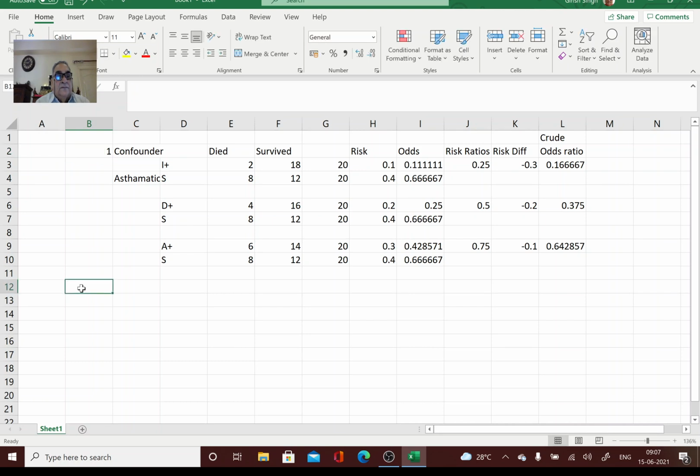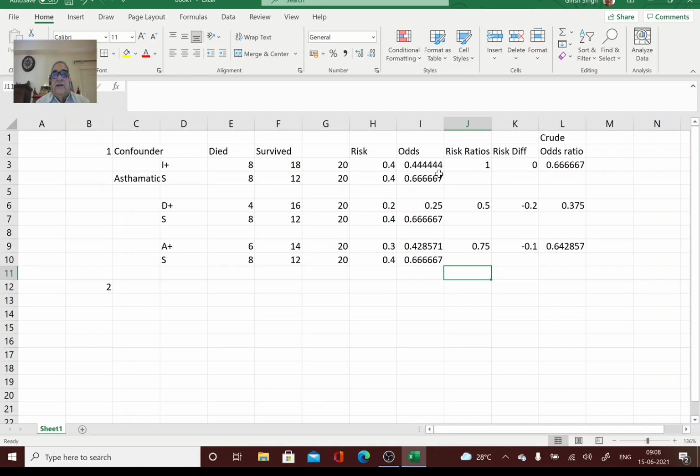The second important thing that you have to realize, besides the confounder, is that if the same number of people would have died in the ivermectin and the support group, that means ivermectin was not effective. If we convert this 8 here, then you find that the risk ratio will immediately become 1. So no effect or null value is a risk ratio of 1.